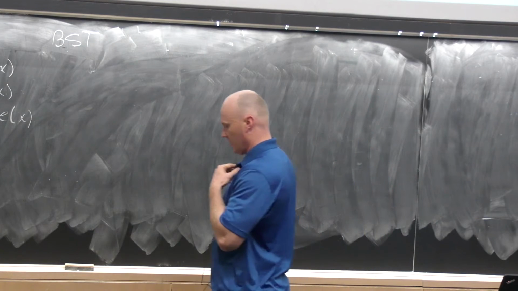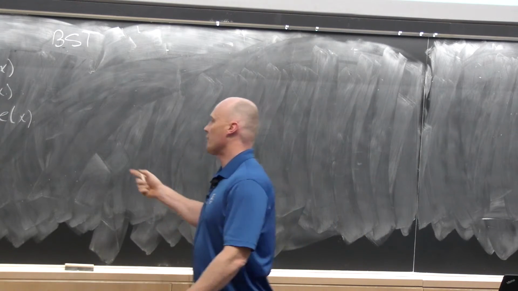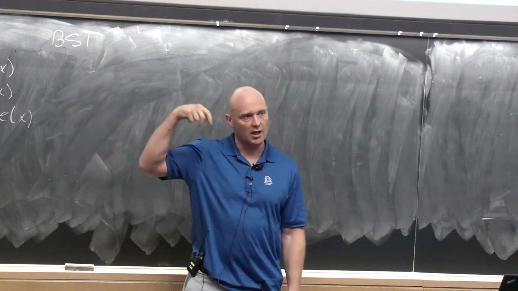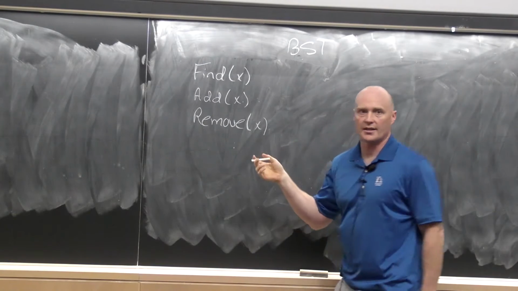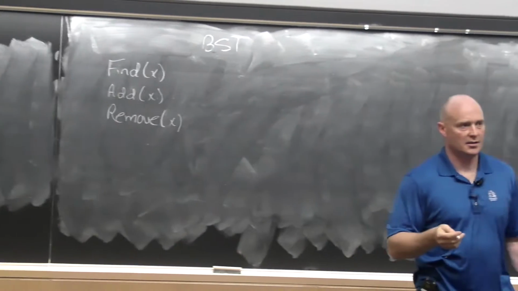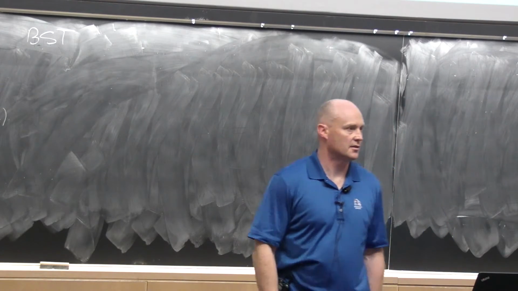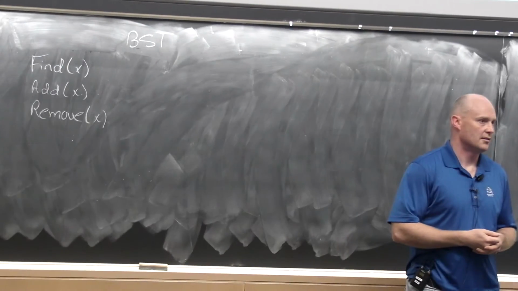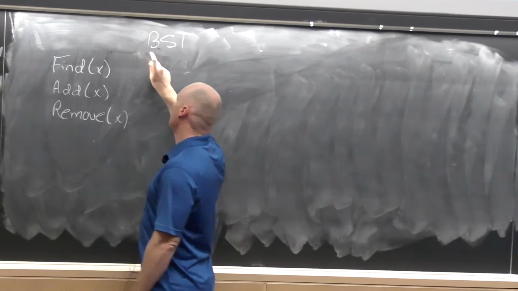Okay, so in a binary search tree, all these operations, find, add, or remove, basically walk down the tree. So they're going to take time, what? Log n, ideally yes, but more specifically, it's going to be the height of the tree, right? So these are not necessarily balanced.